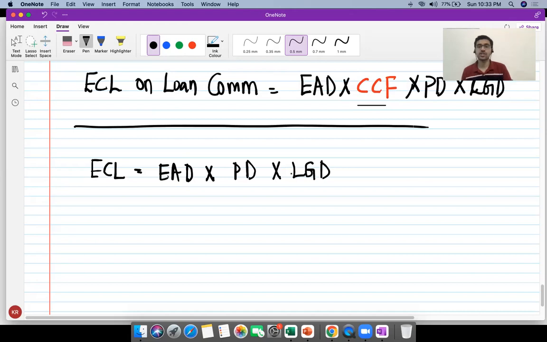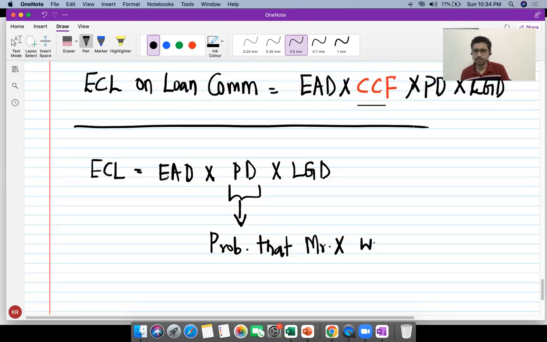If it is a stage 1 exposure, then this probability of default will be the probability that Mr. X will default in the next 12 months.